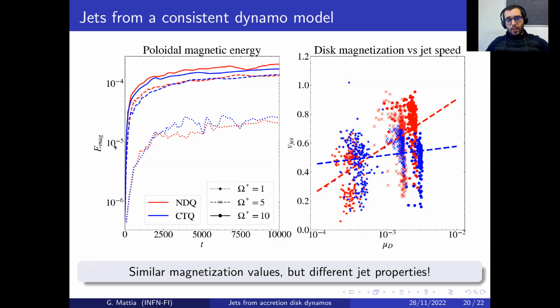So what happens in this simulation is that because of the feedback on dynamo and diffusivity, some magnetic lines are lifted up and they tend to reconnect and change their topology because of dynamo. So once they are lifted up to the disk region and they reconnect, they lose energy and lose the processes that counteract gravity. So now there is nothing that stops gravity from pulling them down to the central object.